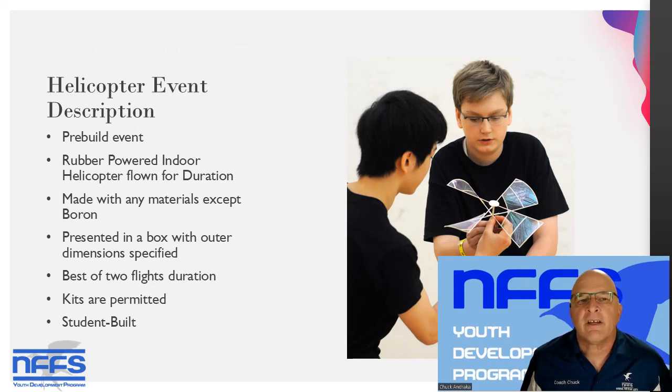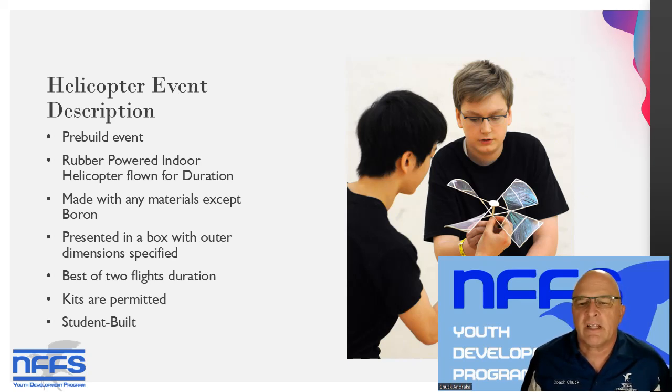The helicopter event is a pre-build event where you build the helicopter ahead of the contest date and test fly it and perfect the flying and then bring it to the event for competition. It consists of a rubber-powered indoor helicopter flown strictly for duration, and that helicopter is made with any materials except for boron fibers.